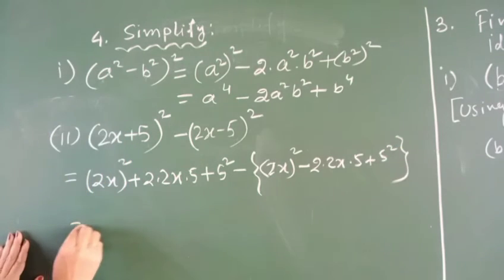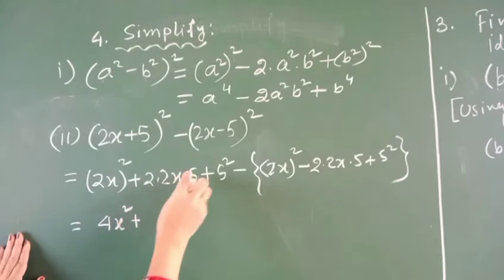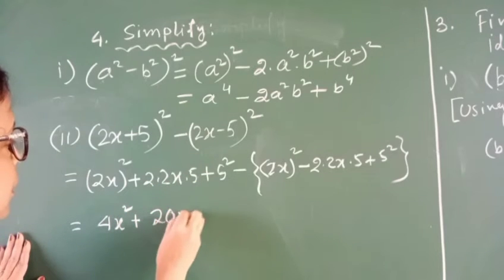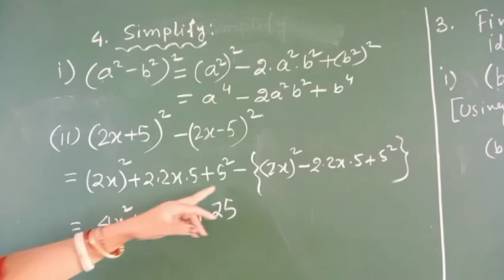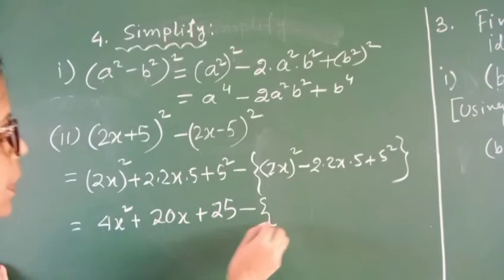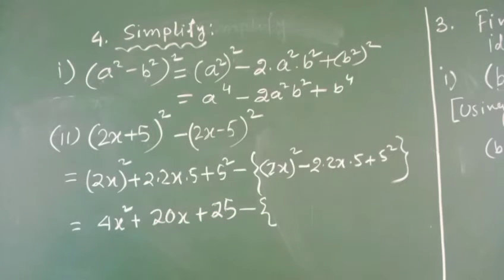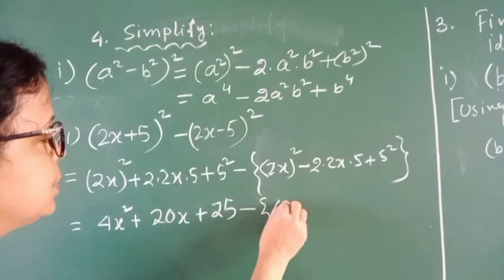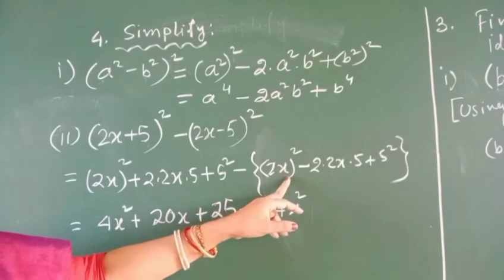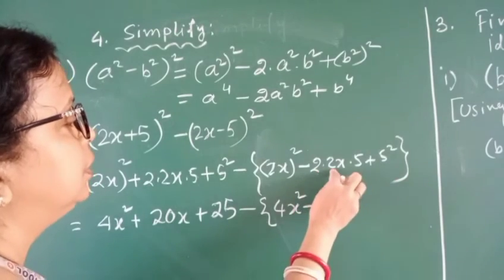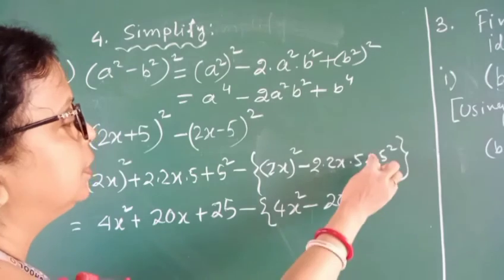So what I can see, 4x square plus 2 into 2 is 4, 4 5s are 20x plus 5 5s are 25, minus, inside the bracket you will keep, because minus is outside, afterwards all the signs will be changed. Now it will be 4x square minus 20x plus 25.